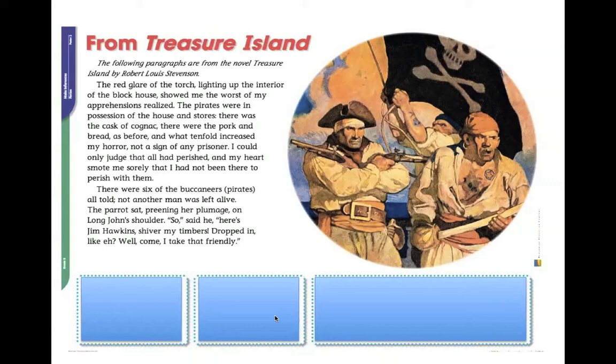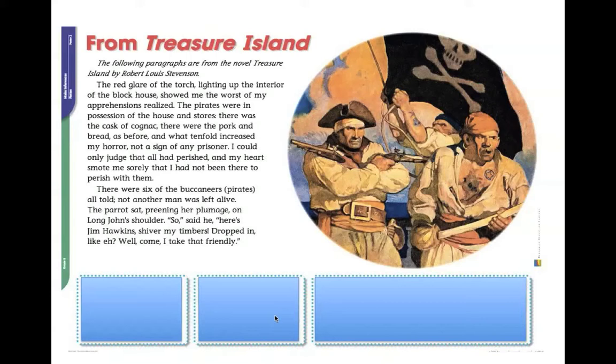Now, when we look at the second paragraph: there were 6 of the buccaneers all told. Not another man was left alive. The parrot sat, preening her plumage, on Long John's shoulder. "So," said he, "here's Jim Hawkins. Shiver me timbers. Dropped in like, eh? Well, come. I take that friendly." This paragraph helps me visualize another character, Long John Silver.